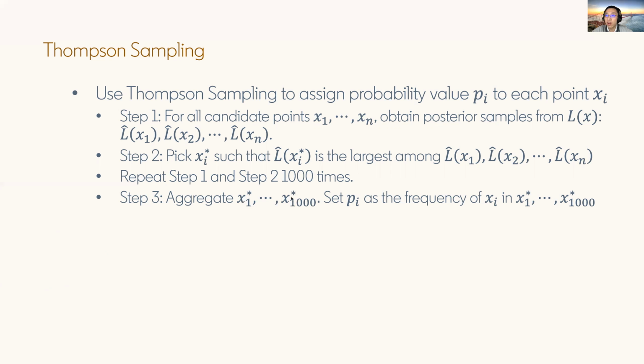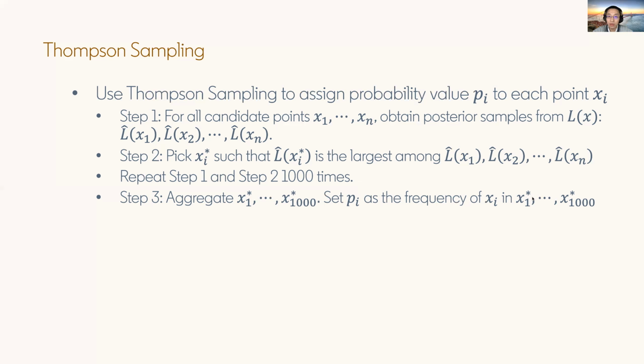All of these 1,000 points are drawn from x1 up to xn, so we can get the summary statistics. For example, we can count how many times xi appears in the 1,000 points. We use pi as the frequency of xi in x1 star up to x1,000 star.